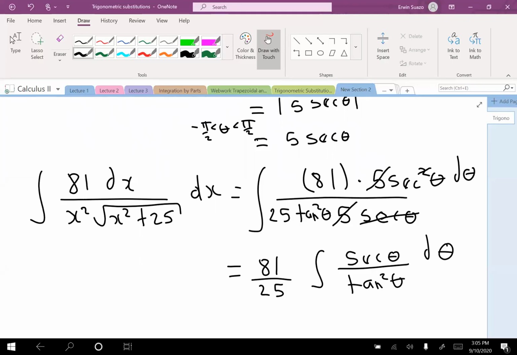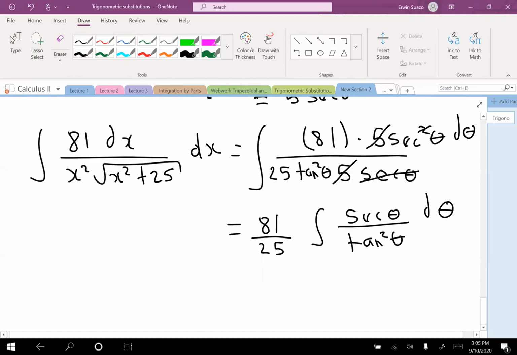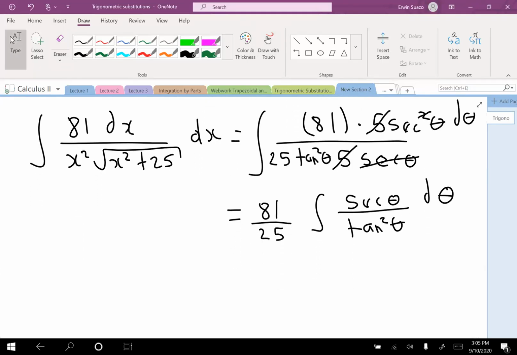Okay. Now, there are two ways to do this. Let's say we want to use the formulas.